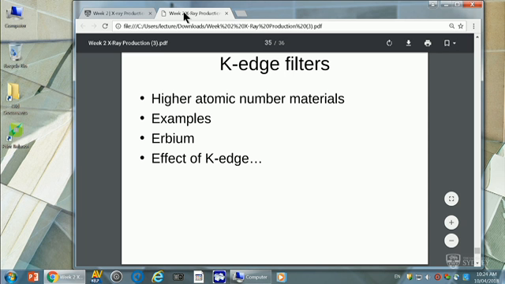Okay? They're no longer going to be transmitted. That X-ray is no longer going to get through. It's going to be absorbed by the material because it now has just enough energy to kick out the inner shell electron.